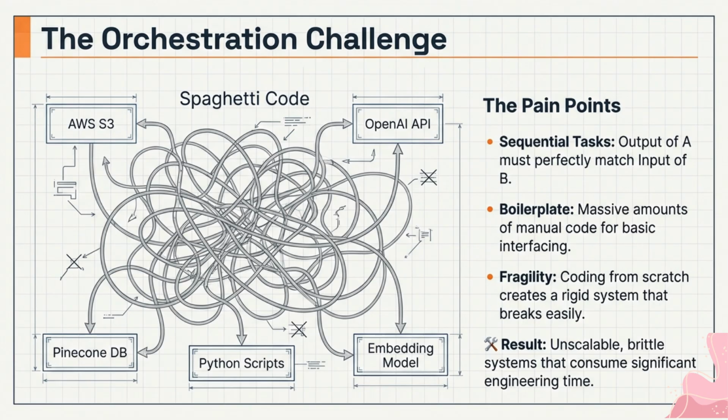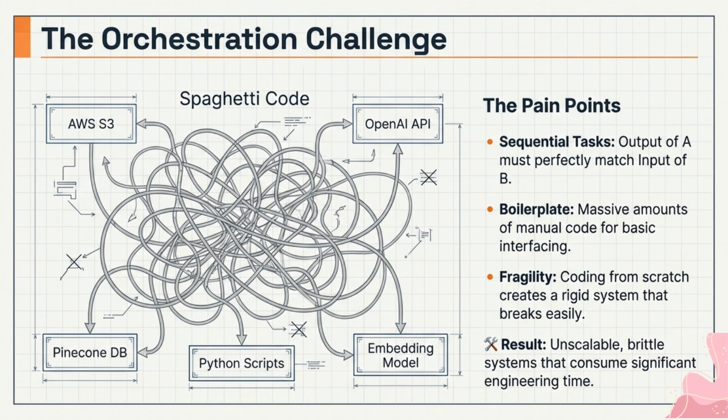Boilerplate. Massive amounts of code just to connect things. Fragility: one API changes, everything breaks. This is why it was hard to build for years. You spent all your time on plumbing, not on features.